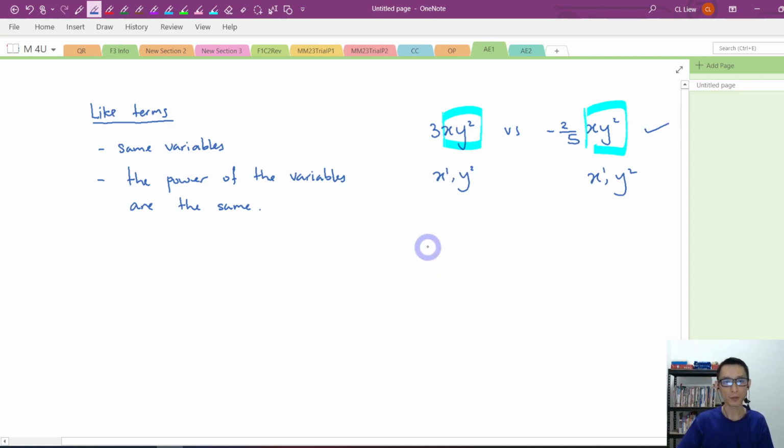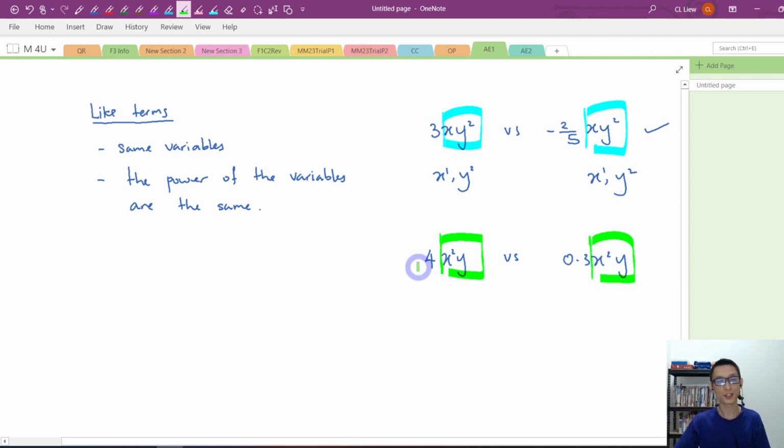Now, how about 4x squared y and 0.3x squared y? Are these two like terms? When we want to determine like terms or unlike terms, we only focus on the variable part.